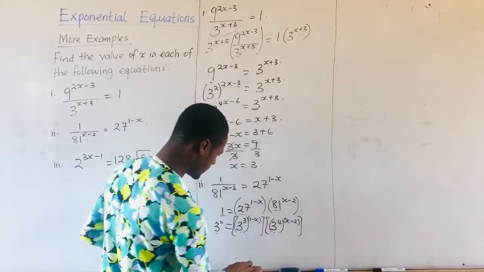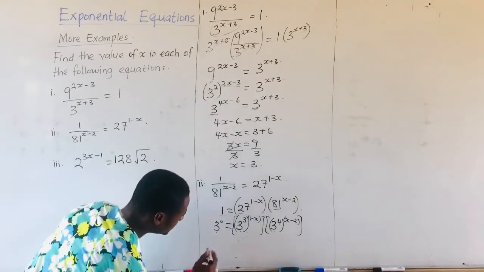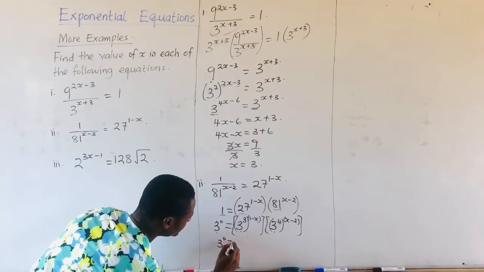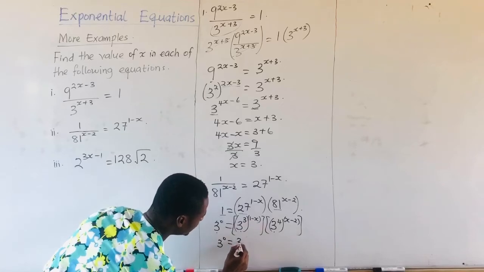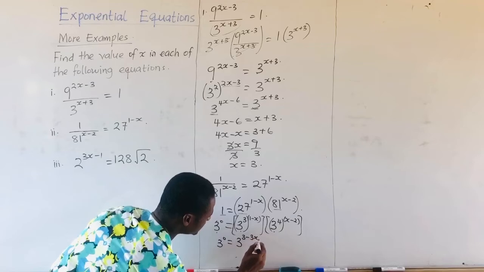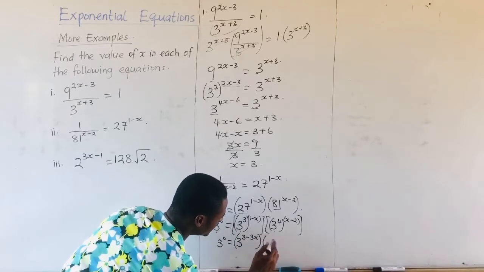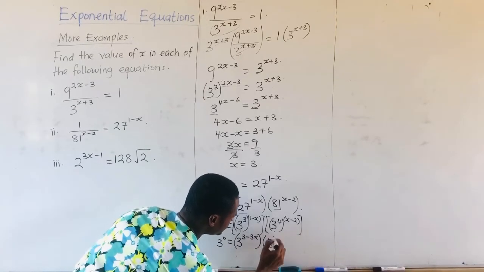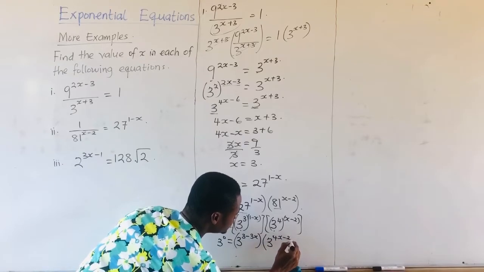Then that will give us 3 raised to the power 0 is equal to 3 raised to the power 3 minus 3x times 3 raised to the power 4x minus 2.